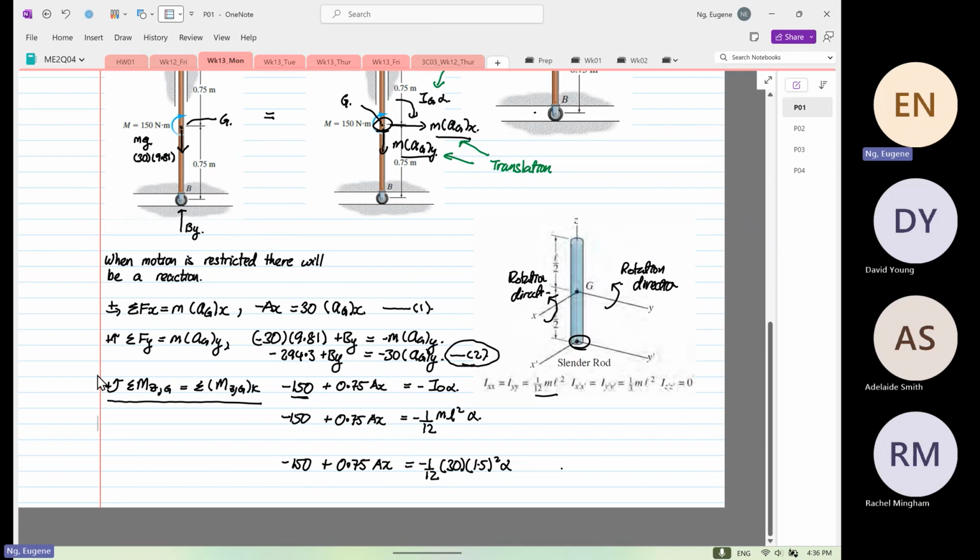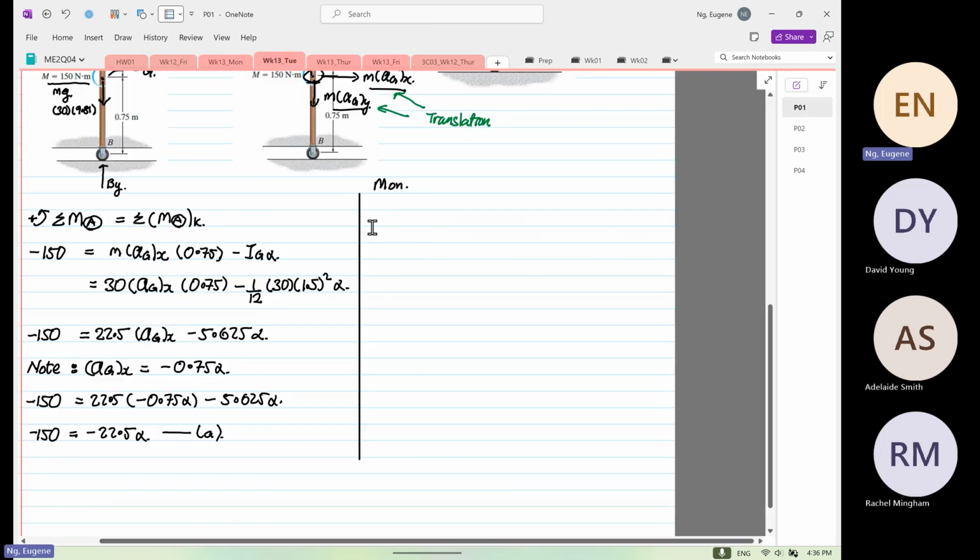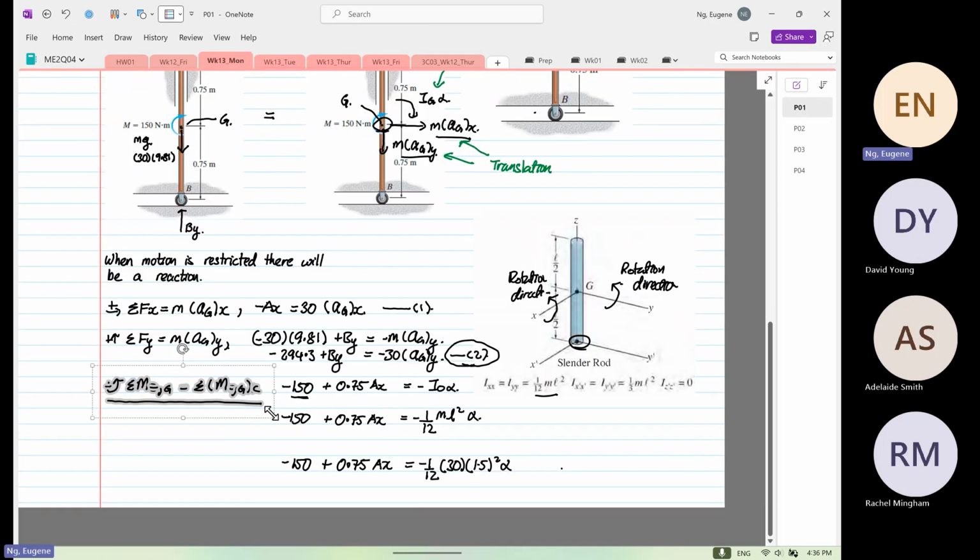We took moment at G, right? We took moment at G, which is different from what we have done. Don't copy this, okay? I'm going to do this for your convenience. Then from there, we have this relationship over here.